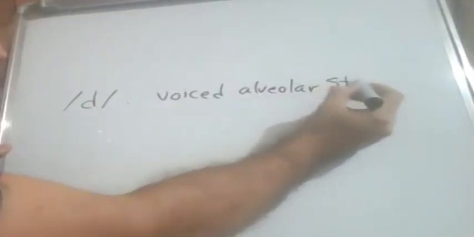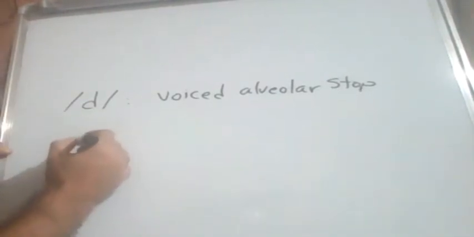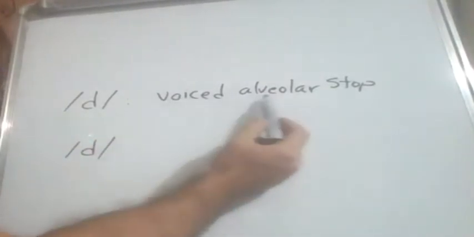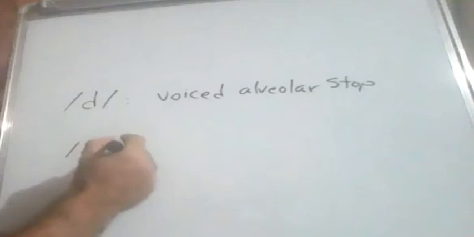Okay, right? Voiced, alveolar, stop. When we go into the feature specification, we will write exactly the same features that are present in the sound description, but in this case, we will write them upward or downward, depending on how you take a look at it.